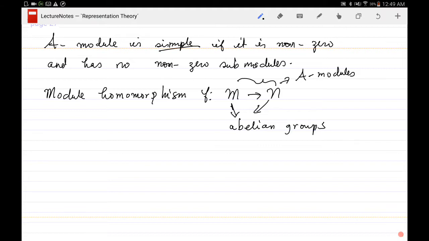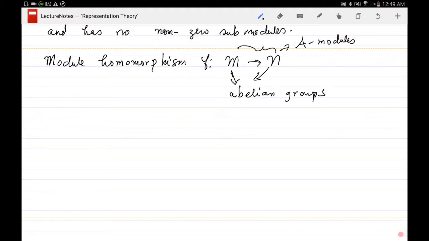Just by guessing, you can guess what the condition is from what we know about representations. It must be compatible with the action of the ring homomorphism, which took us from the K algebra to the ring of endomorphisms that act on the abelian group.